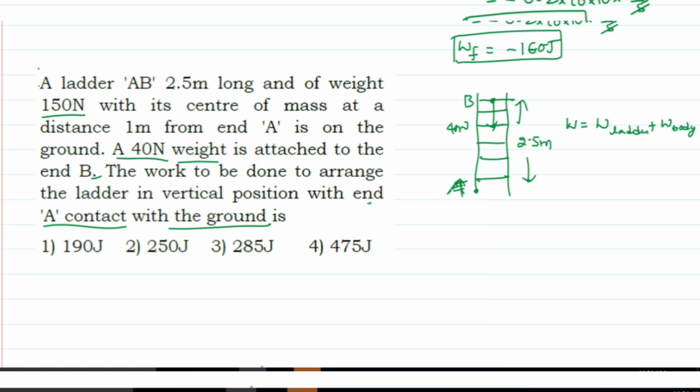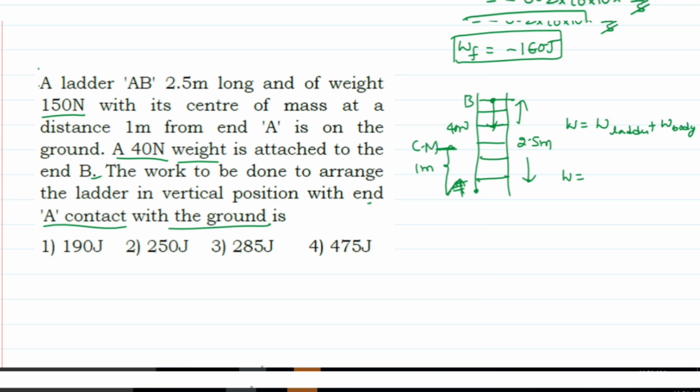You are bringing the body up to this height, 2.5 meter. So for the ladder, the center of mass is at a distance of 1 meter. This is the center of mass.